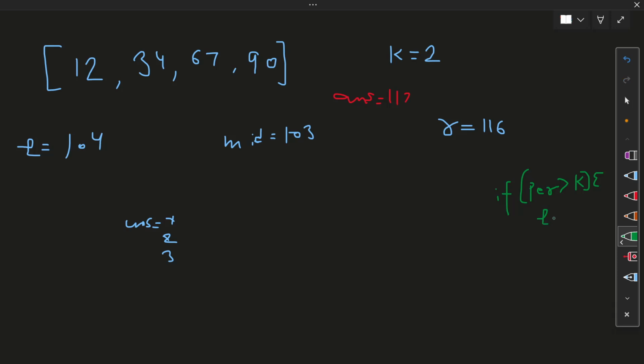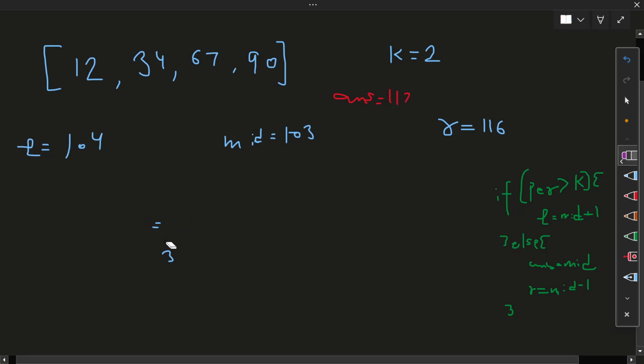We need more pages for one single person, so that we can allocate the books. Else, we can allocate the book. So either mid is our answer, or the answer can be lower than the mid value. So mid minus 1.